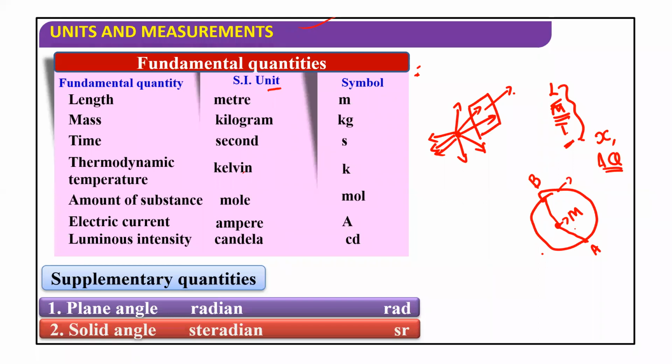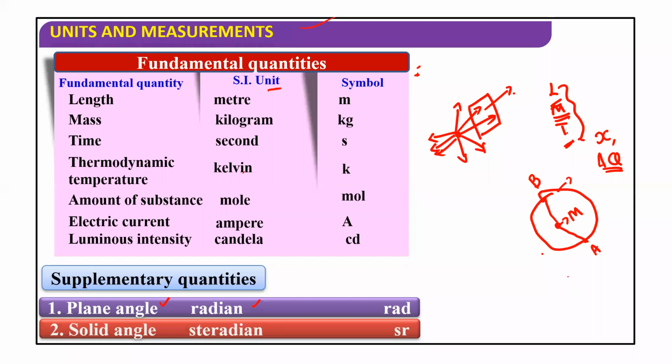So in order to express the change in position in these kinds of situations, we need a new quantity. That new quantity is the plane angle, and its SI unit is radian, and the symbol is rad. Clear up to this?